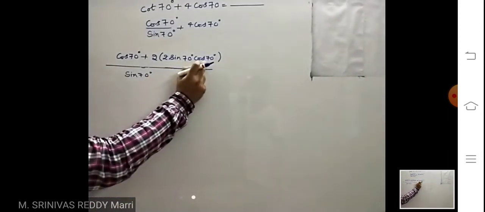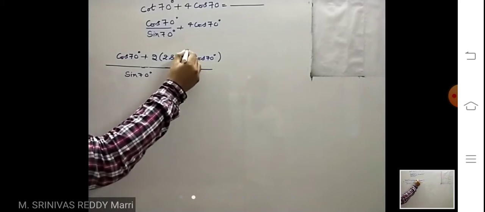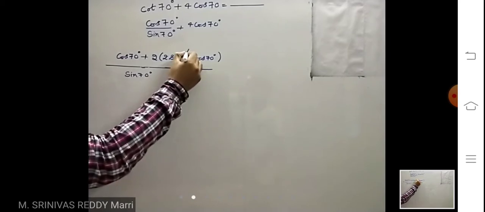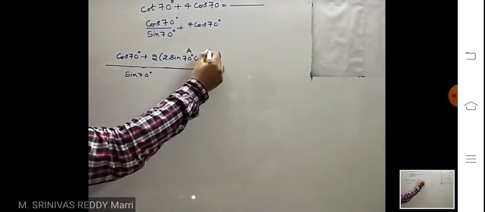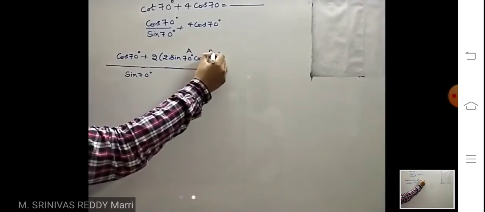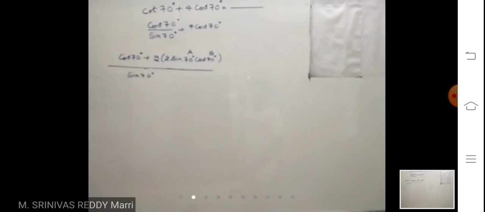Whatever I have told, four formulae are there. For the time being you write 2 sin A cos B. Of course A equal to B. If you know 2 sin A cos A, you can write like that.